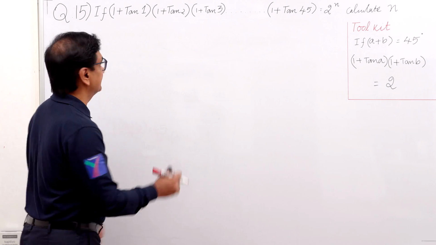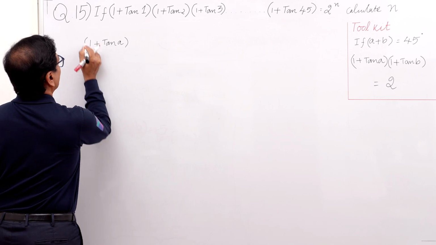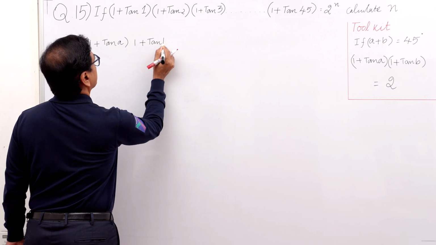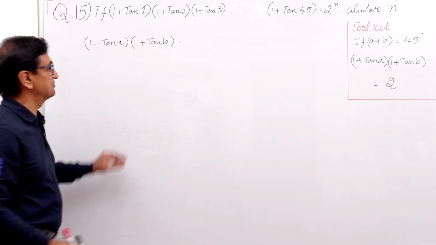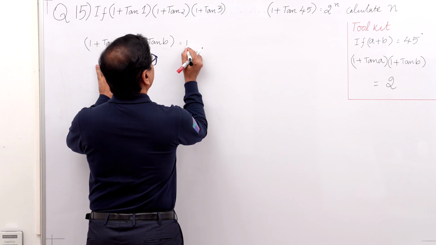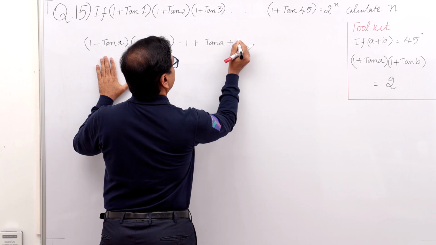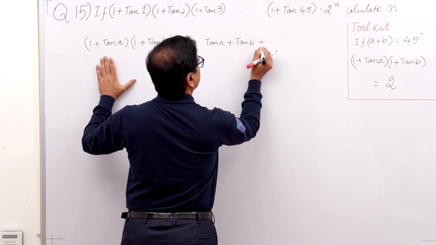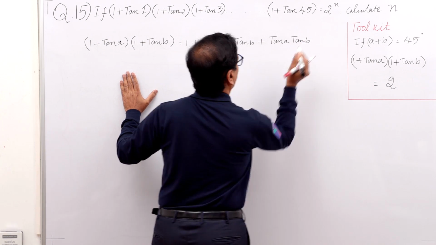Let's prove this identity. Let's take (1 + tan a) multiplied by (1 + tan b). I will routinely multiply through this entire expression. So this will give me 1 + tan a + tan b + tan a tan b.